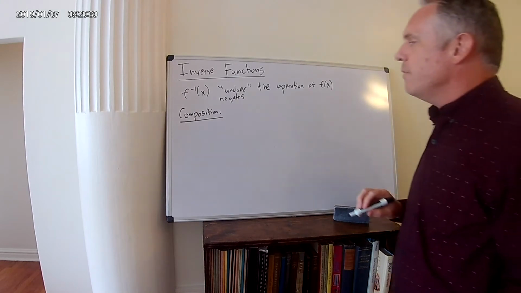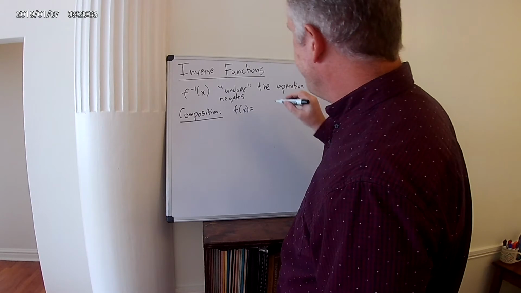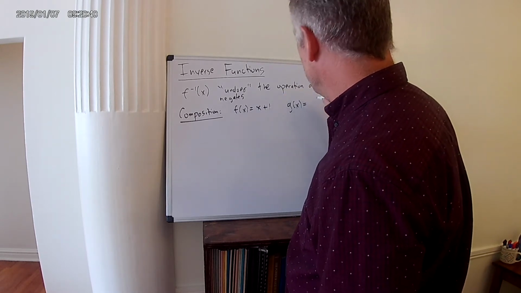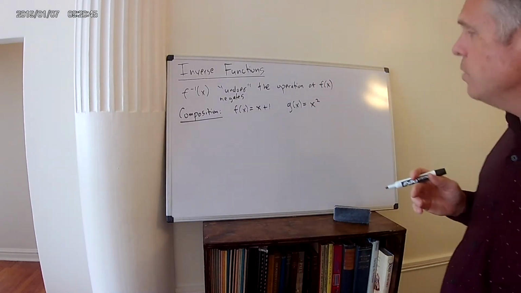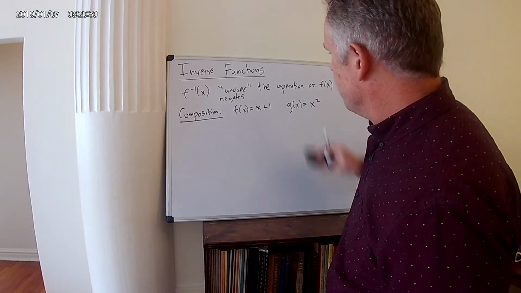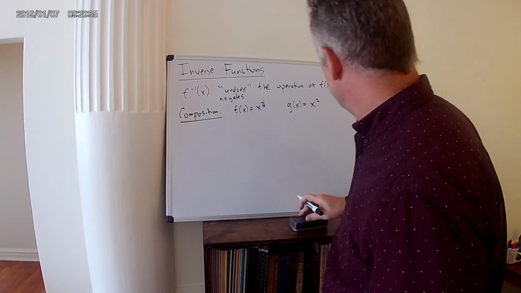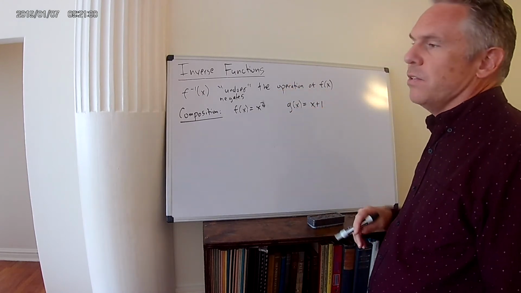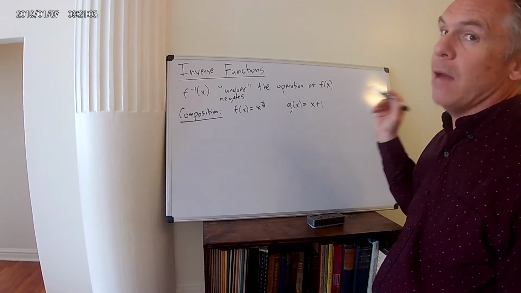If I had two functions, let's say f of x equals x squared, and another function g of x equals x plus 1. So the operation of f of x is to take an input and square it. The operation of g of x is to take an input and add 1.